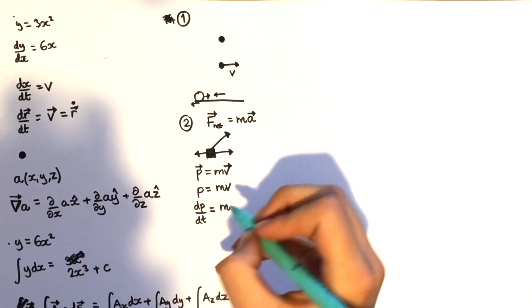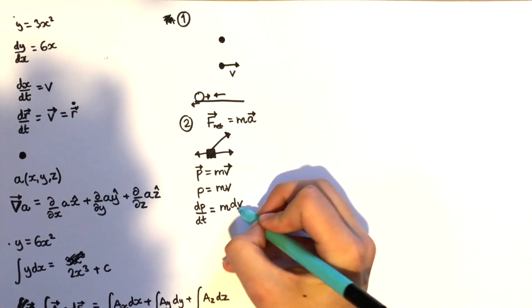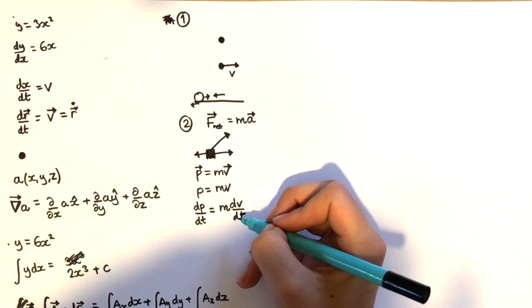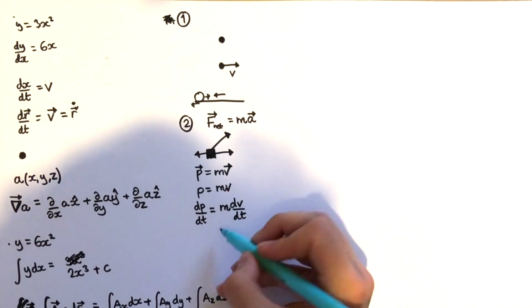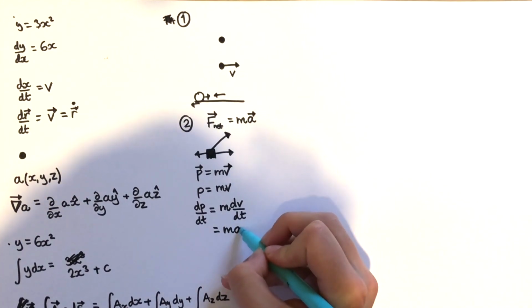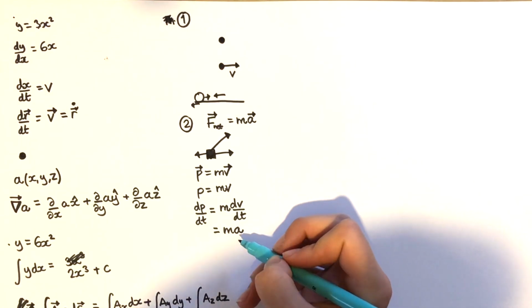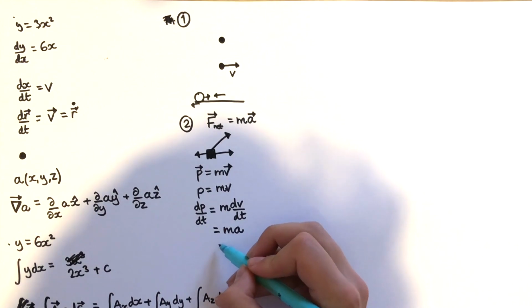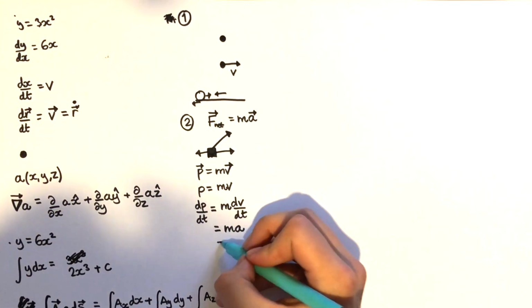But differentiate velocity with respect to time, and you end up with dv by dt. But what's the rate of change of velocity with respect to time? Well, you should know that is just acceleration. So we get dp by dt is ma. But what's ma? Ma is just the force.